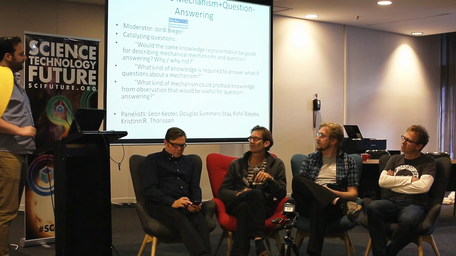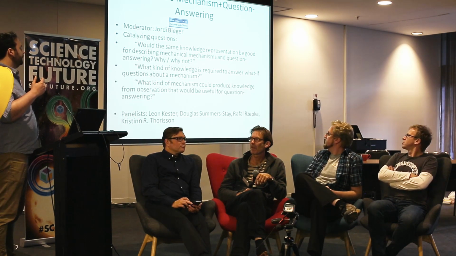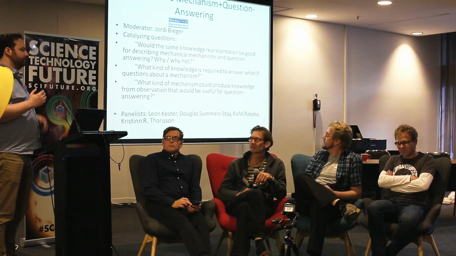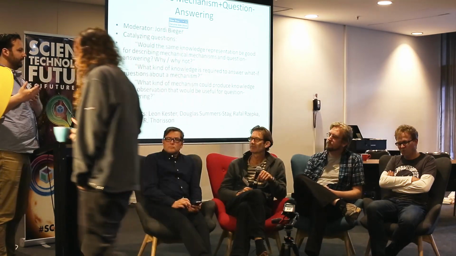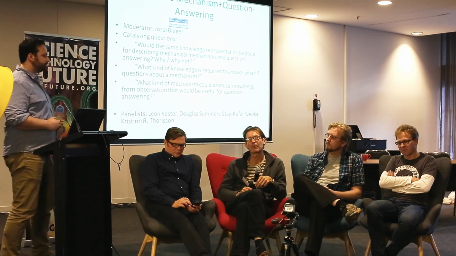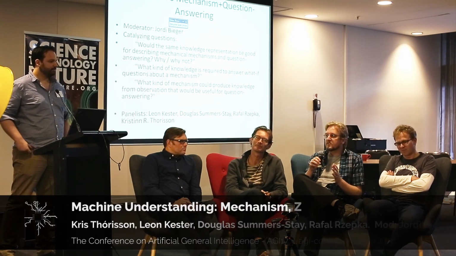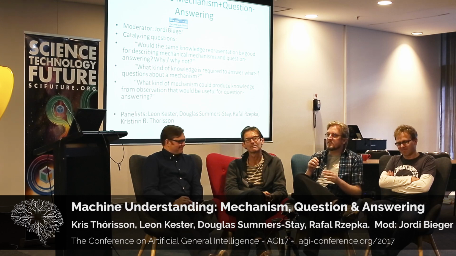Do you think that being able to answer questions about a mechanism is sufficient proof that you have truly understood that mechanism, or would you expect some other criteria like being able to use that mechanism? Again, I think being able to answer questions is so general that you could map any other task that you want onto answering questions, and therefore it would include it.